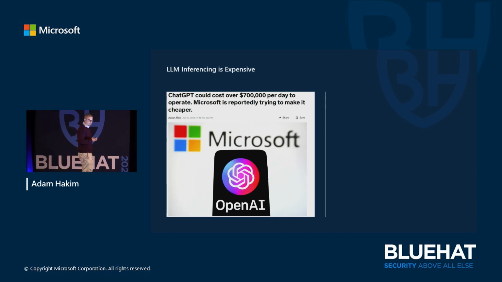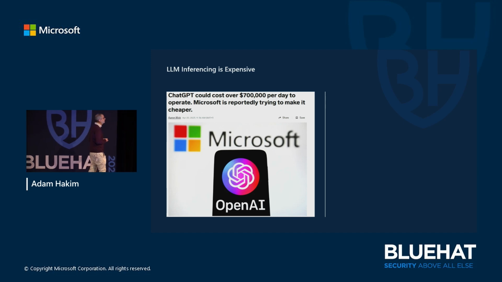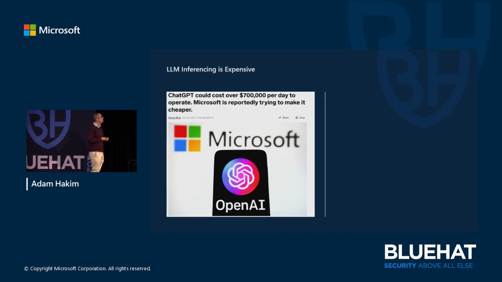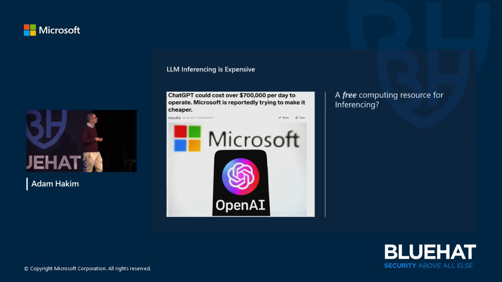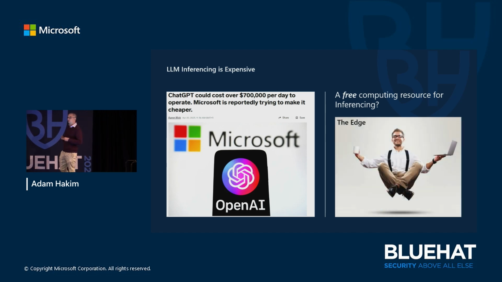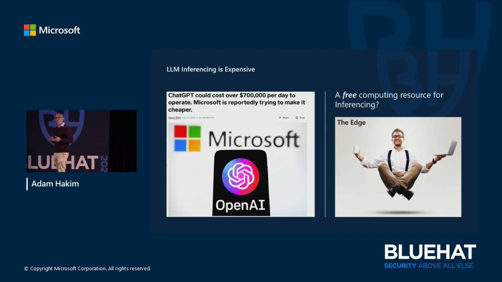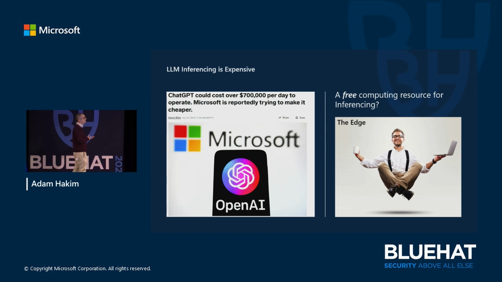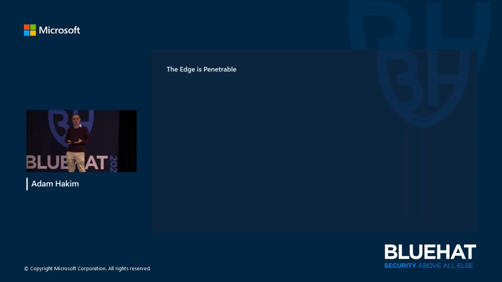And Microsoft is trying to make it cheaper. So how do you make inferencing of AI models cheaper? Well, you move them to a free computing resource, the edge. All of your laptops and devices are a way to execute LLMs without cost for the model owner or for cloud services. But putting models on the edge, as I mentioned, as you saw with Recall, is risky because the edge is penetrable.